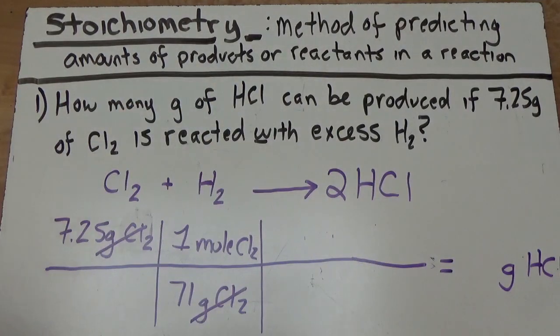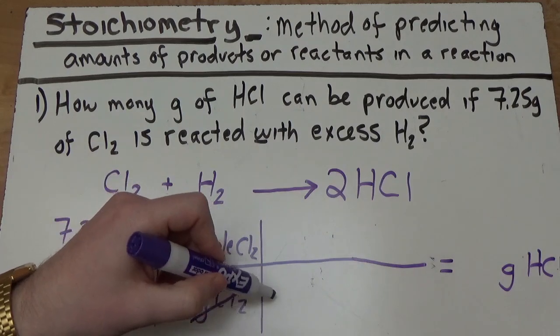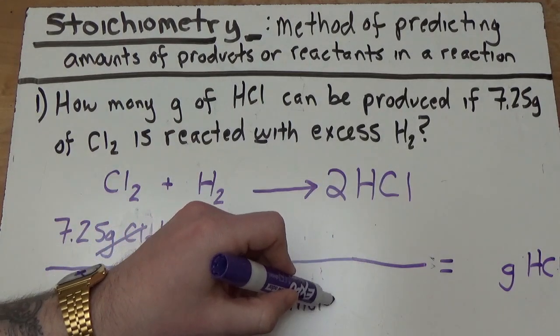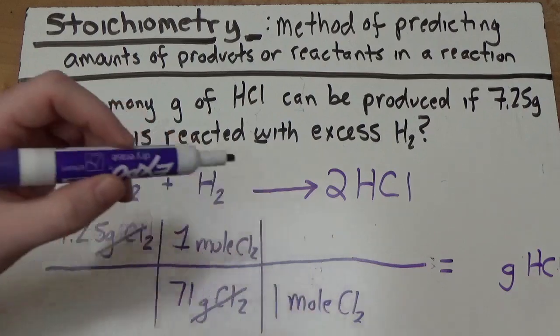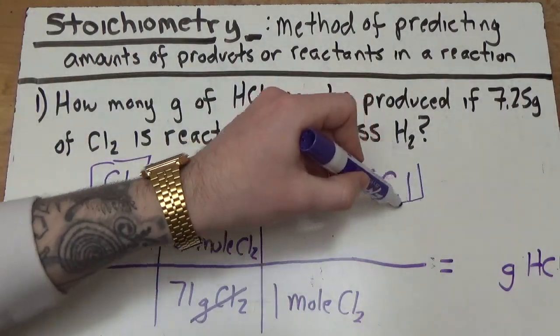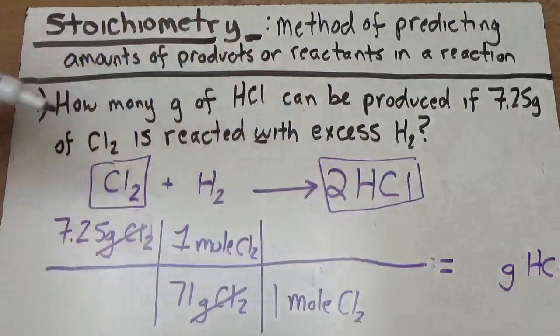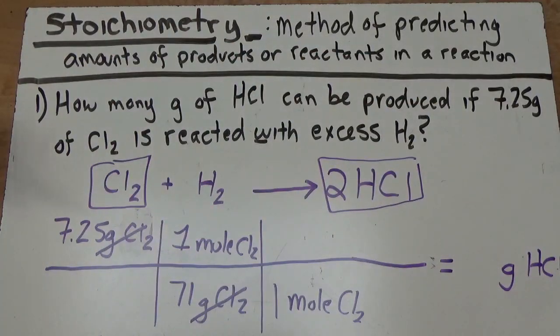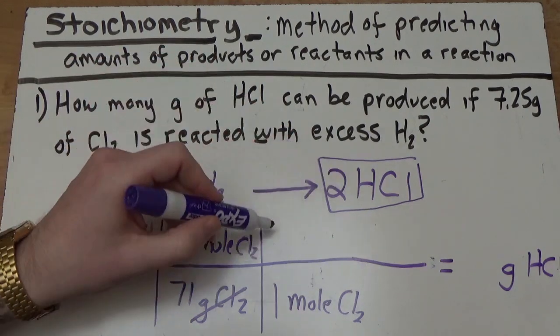I'm going to cancel out moles of Cl2, and how I do that is I'm actually going to have to use the ratio of Cl2 to HCl, because that's the chemical we're trying to get to. That ratio is 1 mole of Cl2 for every 2 moles of HCl.